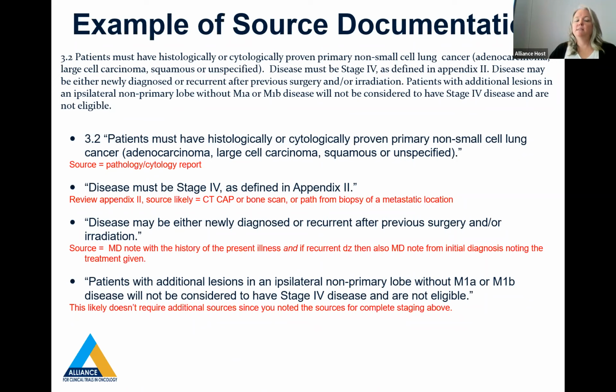Then the next point is that the disease may be either newly diagnosed or recurrent after previous surgery or radiation. So again, an MD note would be your source, typically from the initial diagnosis noting the treatment given or not. And then the last one is the patients with additional lesions in a non-primary lobe, depending on the stage.